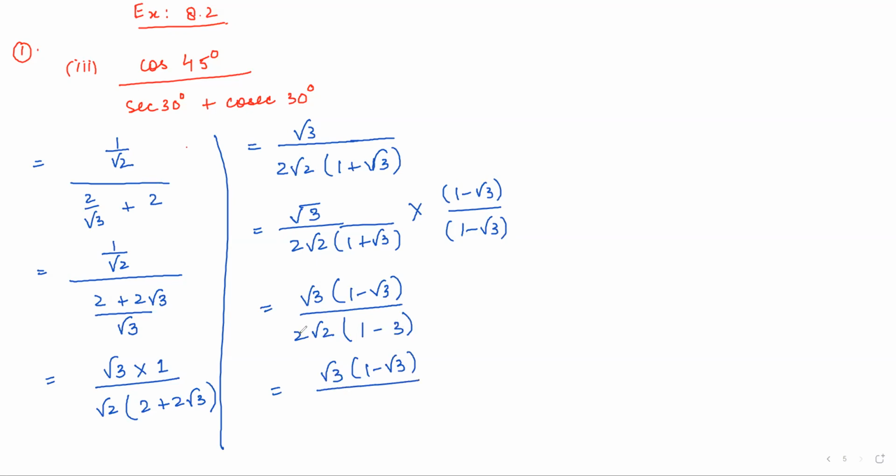Minus 2 multiplied with this 2 will become minus of 4 under root 2 in the denominator. Is this clear? Yeah. Now again I have under root 2 in the denominator. So again I can do one thing. Can I just multiply this like this? 1 minus under root 3 divided by minus of 4 under root 2.